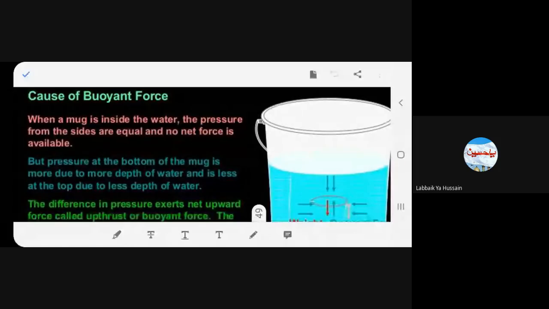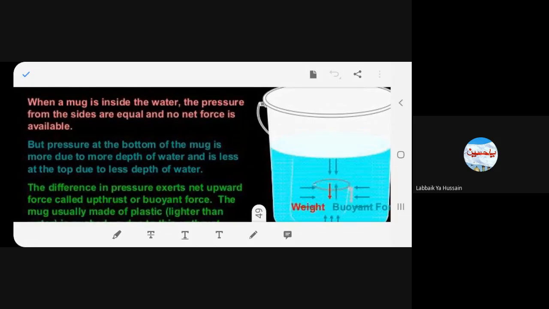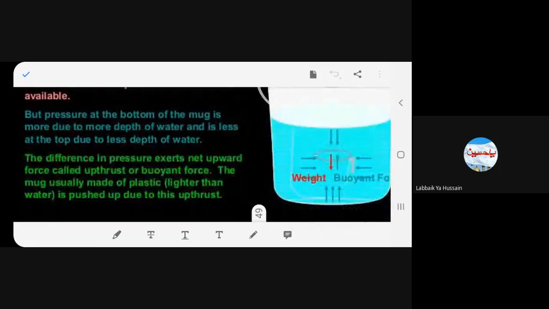When a mug is inside the water, the pressure from the sides is equal and no net force is available. But the pressure at the bottom of the mug is more, due to more depth of water, than at the top, due to less depth of the water.